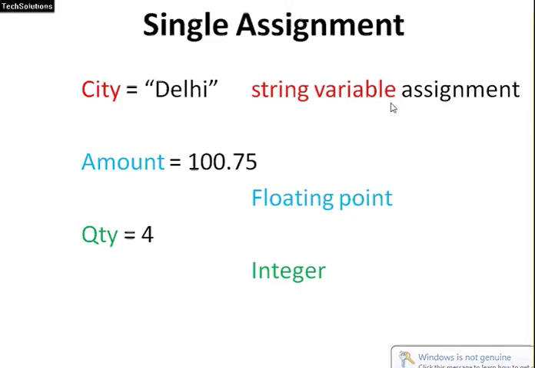This is string variable assignment. The variable amount has a floating point value, so it is floating point assignment. Quantity is also a variable which is integer type. It is holding the value 4, which is an integer value. These are the examples of single assignment.